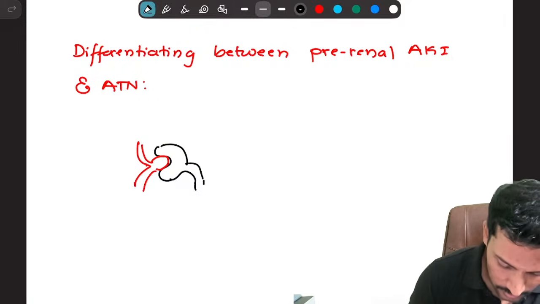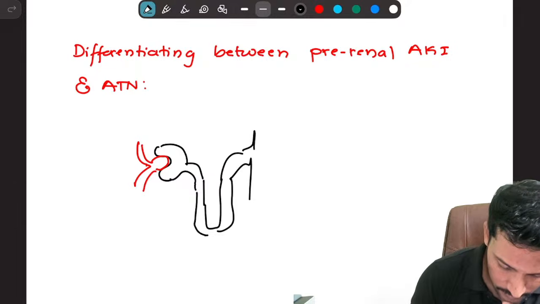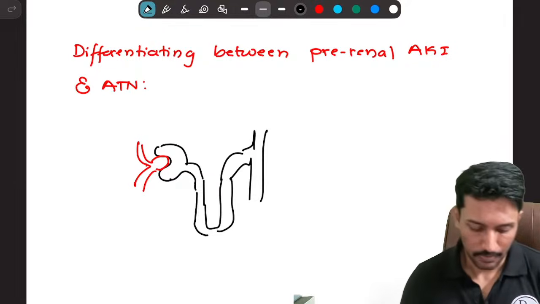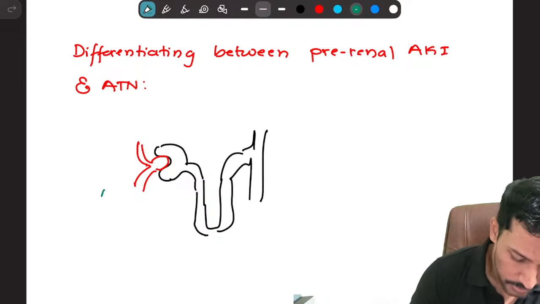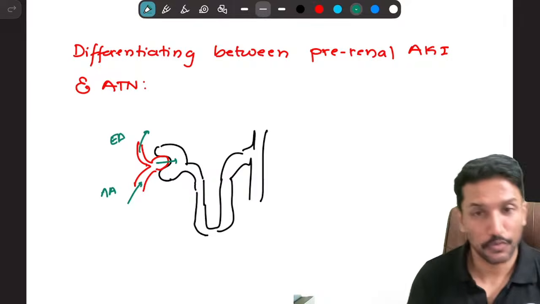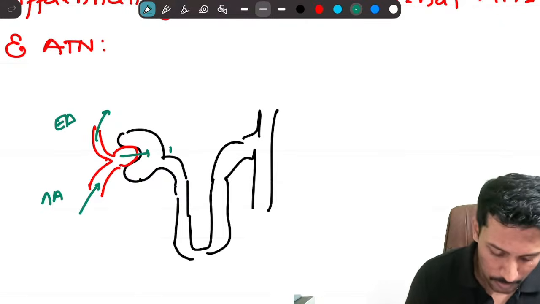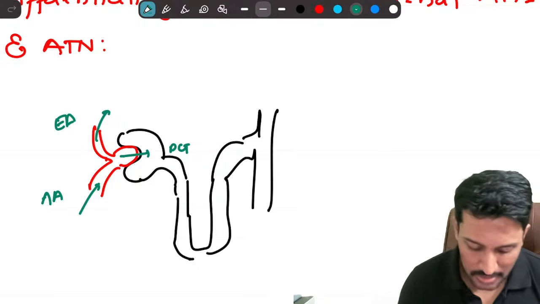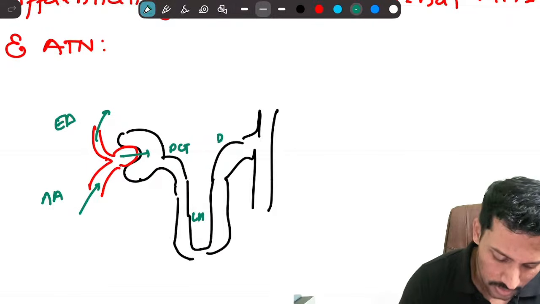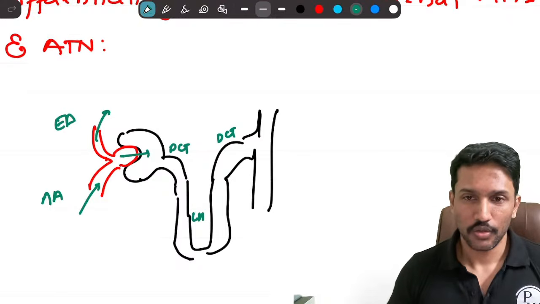So we know that nephrons are the structural and functional unit of the kidney. Afferent arteriole brings the blood to the kidney, and that blood leaves through efferent arteriole, and the pressure drives the filtration. Filtration happens into the Bowman space, and then the filtrate passes through PCT, loop of Henle, distal convoluted tube, finally collecting duct, and is eventually excreted out as urine.